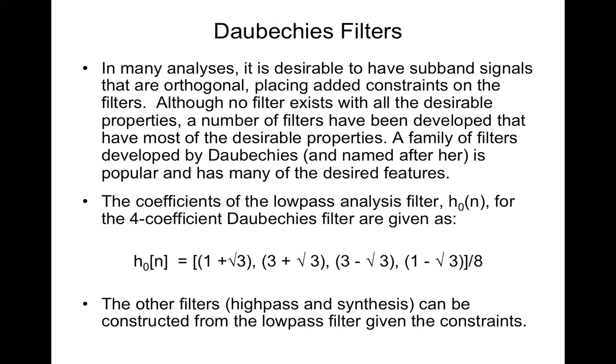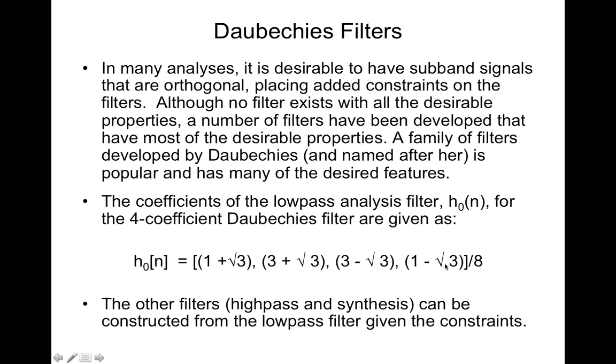And so there's no perfect filter, but there is a family of filters developed by Daubechies, and she, I believe, developed maybe 8, and so they are known as DB1, DB2, and so on, based on how many coefficients they have. So the DB4 can be implemented using the following normalized filter coefficients.